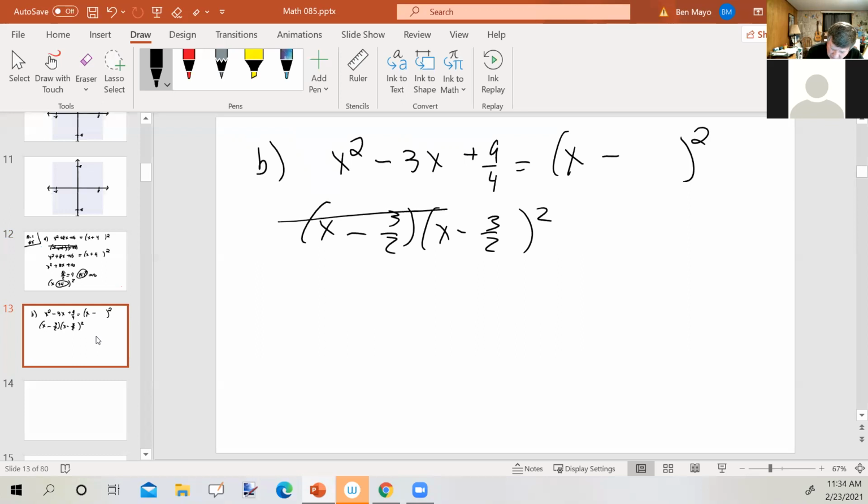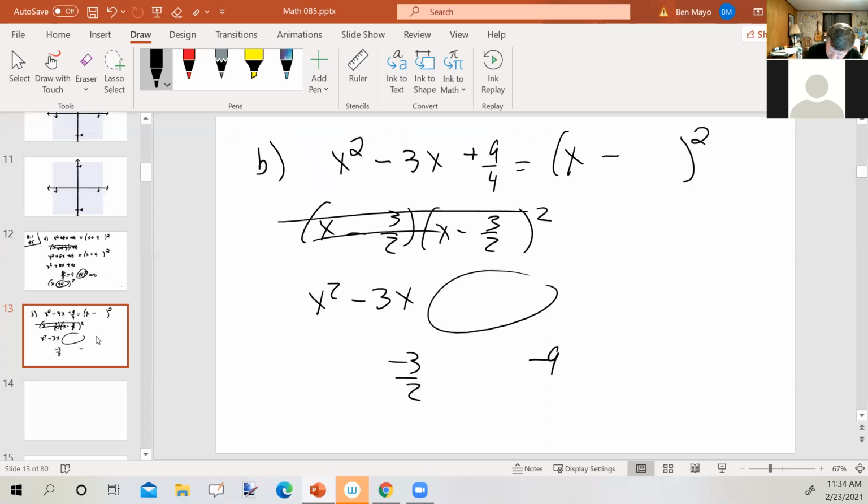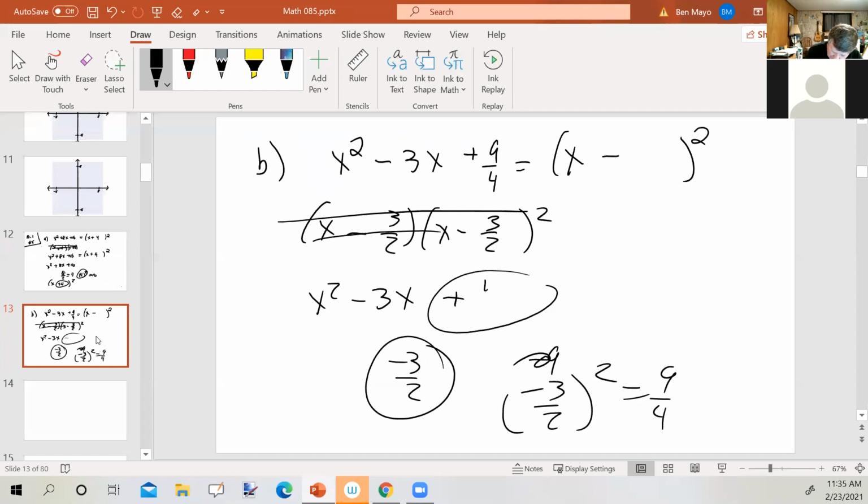But the other way you could do this is you could say, to get this term here, I'm going to take that divided by 2, which is that, and then I'm going to square it, which is that, and then I'm going to add it, 9/4. But remember, this thing is what goes in there. So you can do it that way. Either way works, no big preference. Any questions on that one before we look at another one?